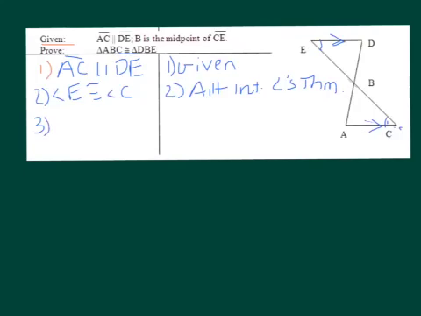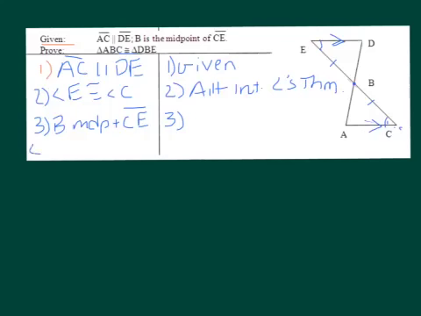The second given is that point B is the midpoint of segment CE. So let's go ahead and mark that on our paper. A midpoint is going to cut a segment into two equal halves. So when point B cuts segment CE into two equal halves, I get half BE and half BC that are congruent to each other.